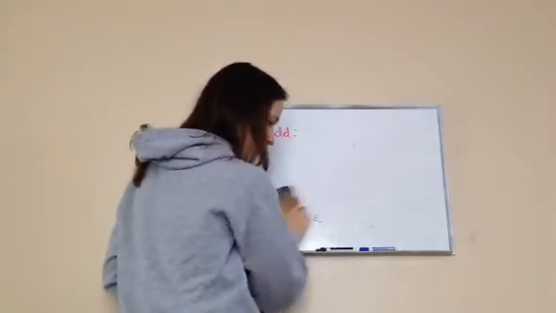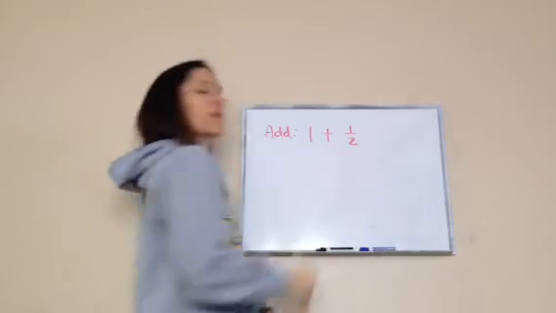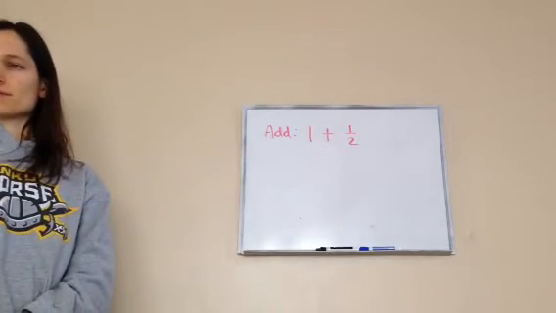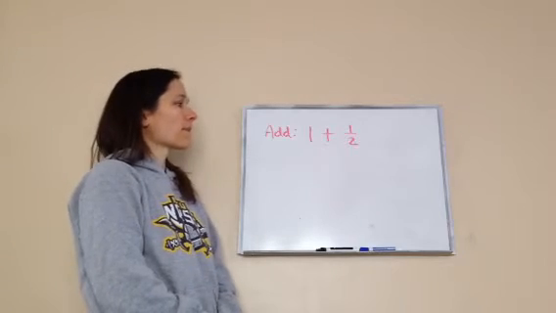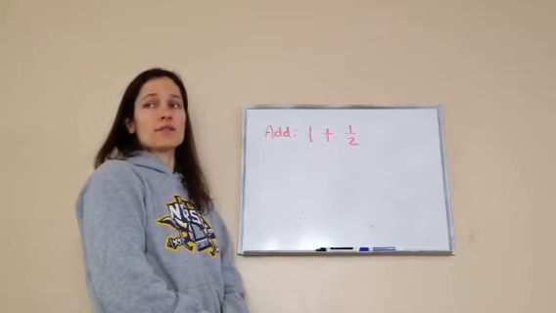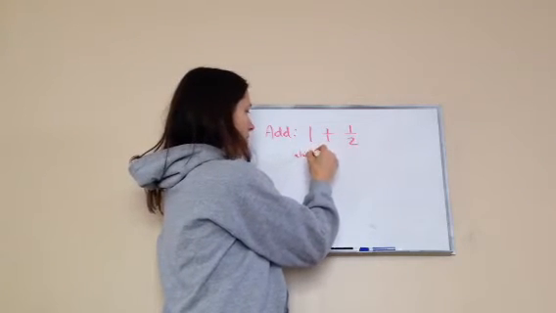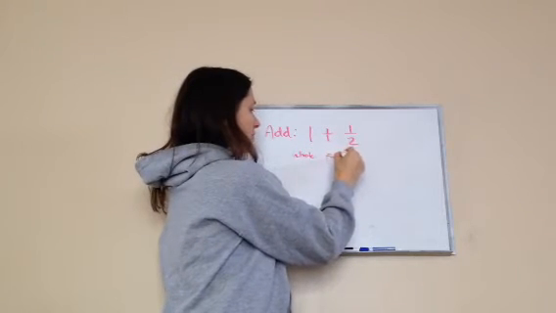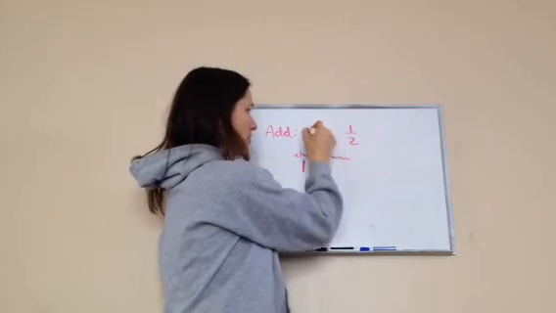Okay, let's try another one. What if this next one said to add 1 plus 1/2? Yeah, you got it. Well, let's do it together. Here's my whole numbers. These are my fractions. I have a 1. Do I have any fraction with this one?